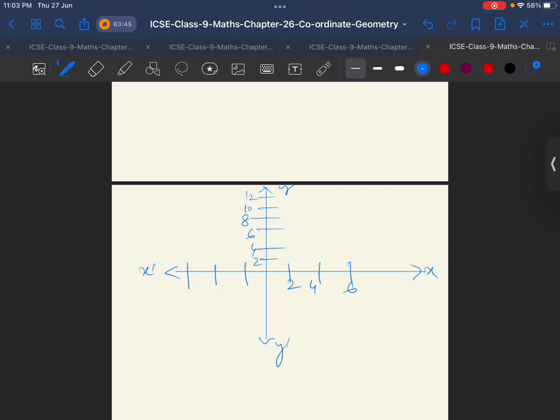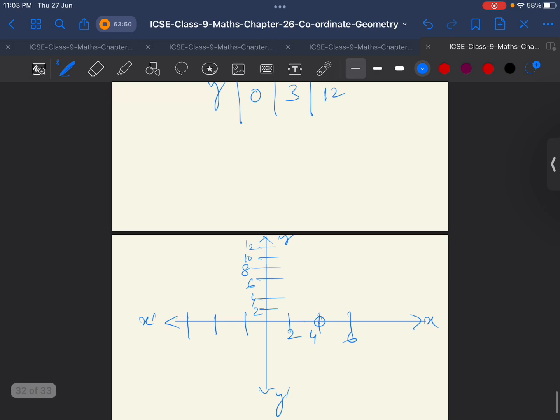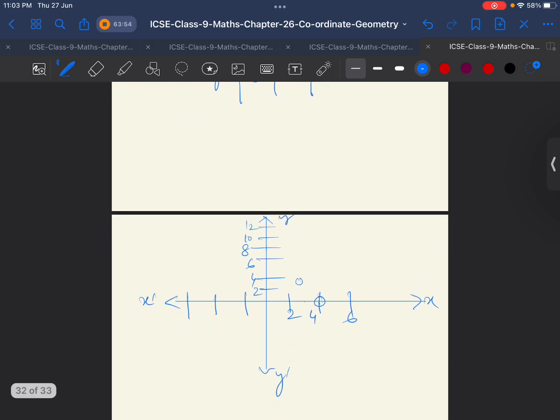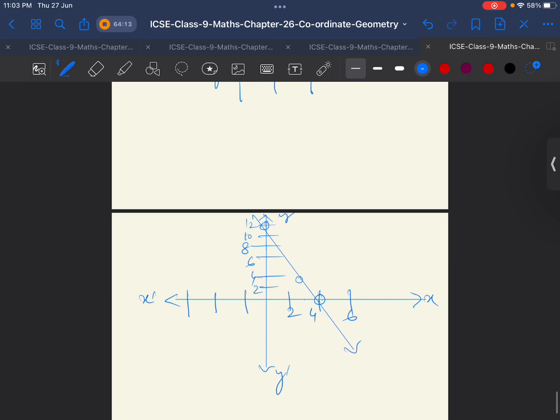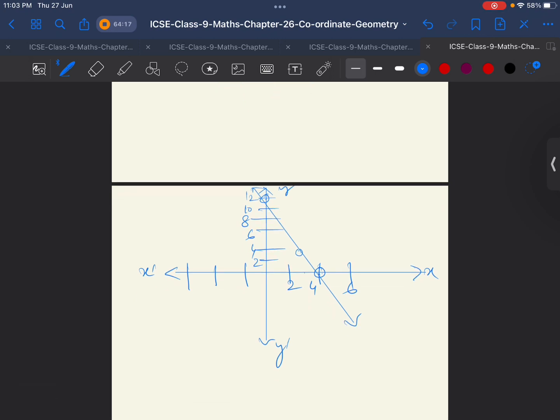So first we plot the 4, 0 point here. Now the 3, 3 point is here. Now 0, 12 is here, okay. Now we draw the straight line in this graph. So this is the straight line, okay.